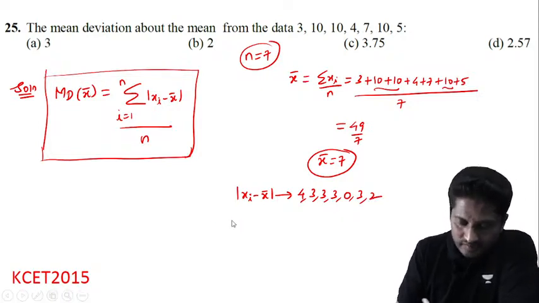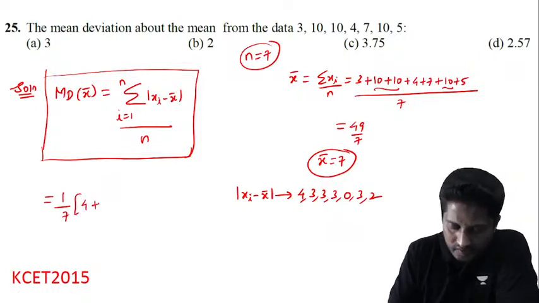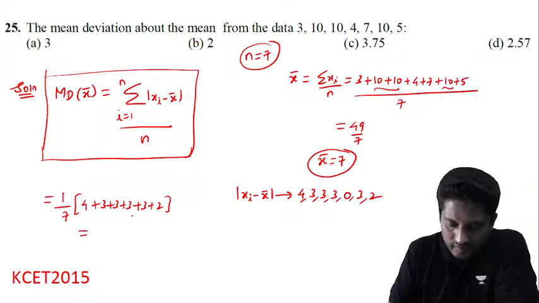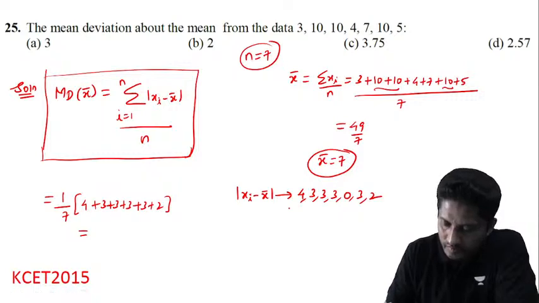If you add all this, 1 by n, 1 by n is 1 by 7, then you add 4 plus 3 plus 3 plus 3 plus 3 plus 2, that is 12, 16. 12 plus 4, 4 3s are 12, 12 plus 4 by 7.